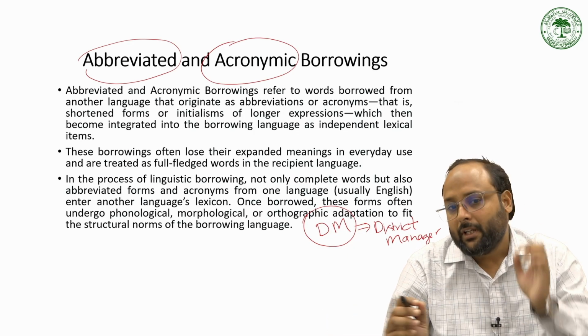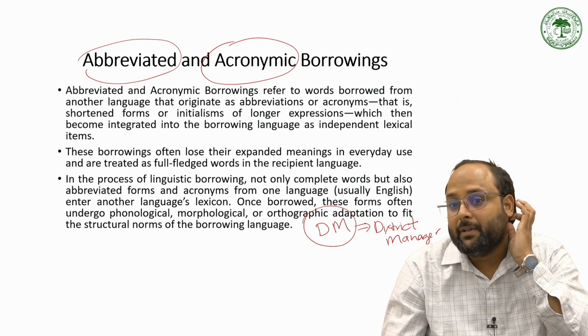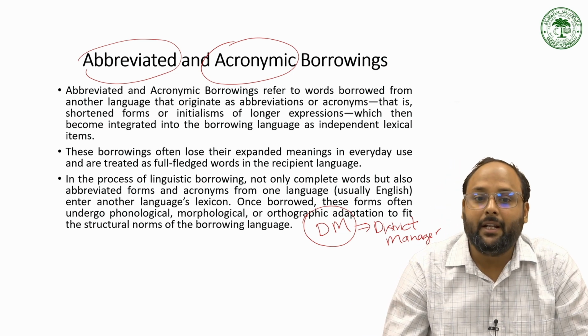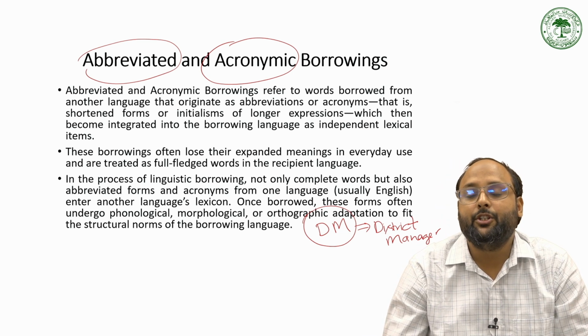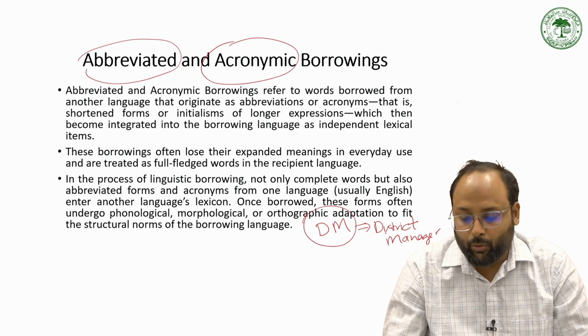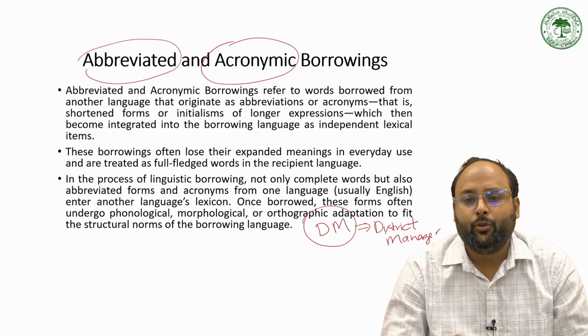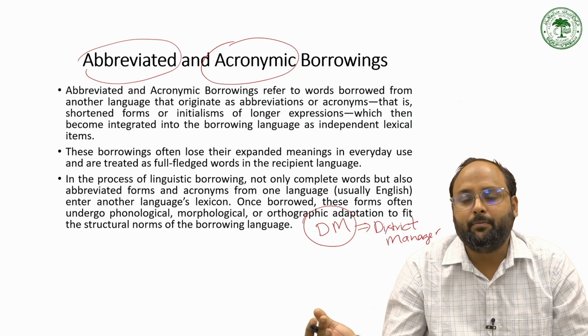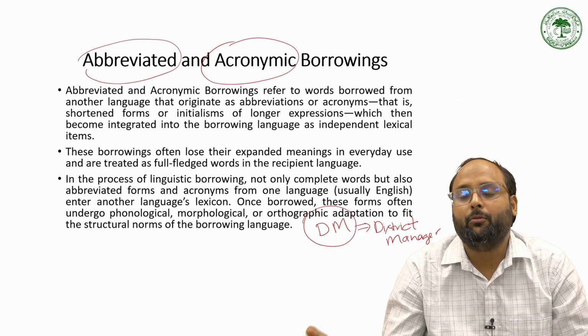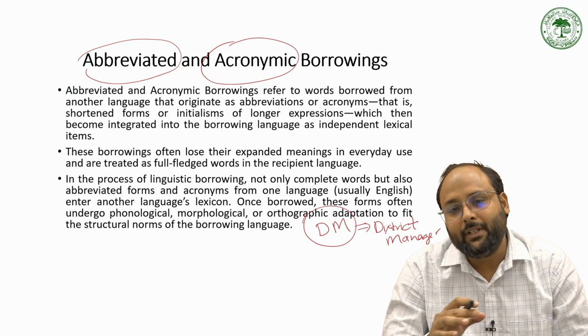So these borrowings often lose their expanded meaning in everyday use and are treated as fully fledged words in the recipient languages. While we are using those borrowed terms in our languages, we do not know the expansion or full form of those abbreviations, but we are using them as terms.